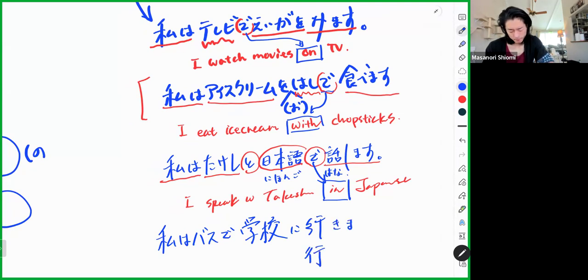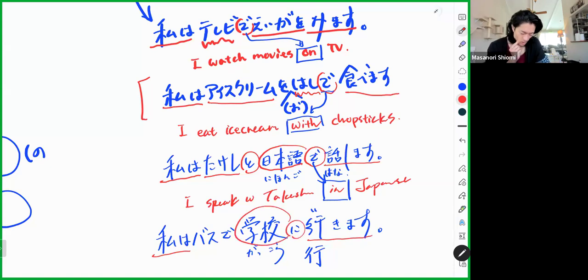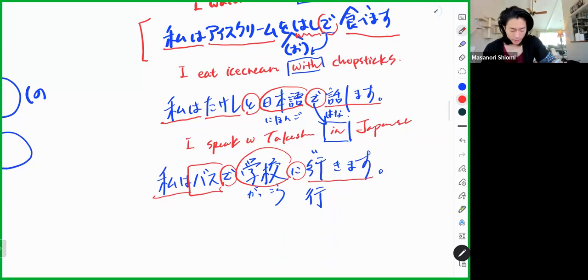Okay, translation: I go to school by means of bus, using bus. Natural translation: I go to school by bus.